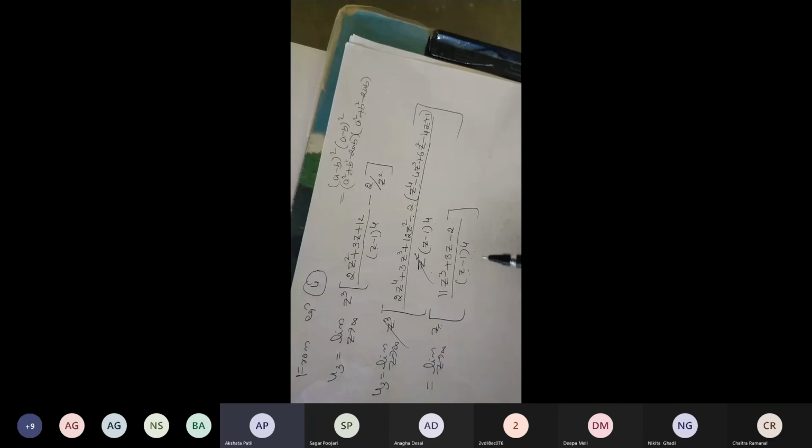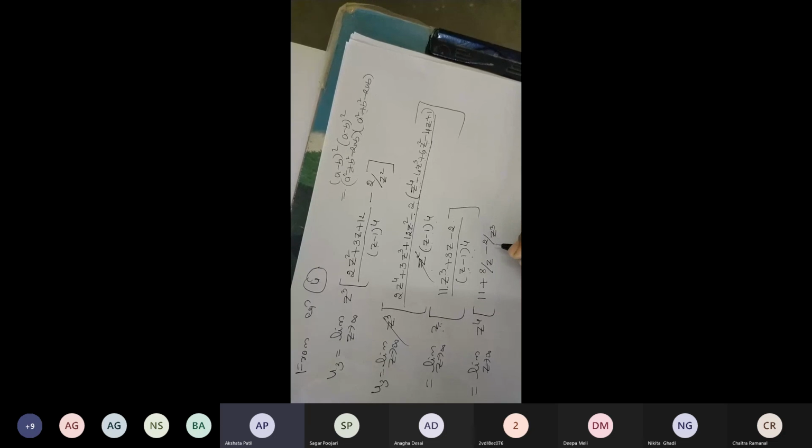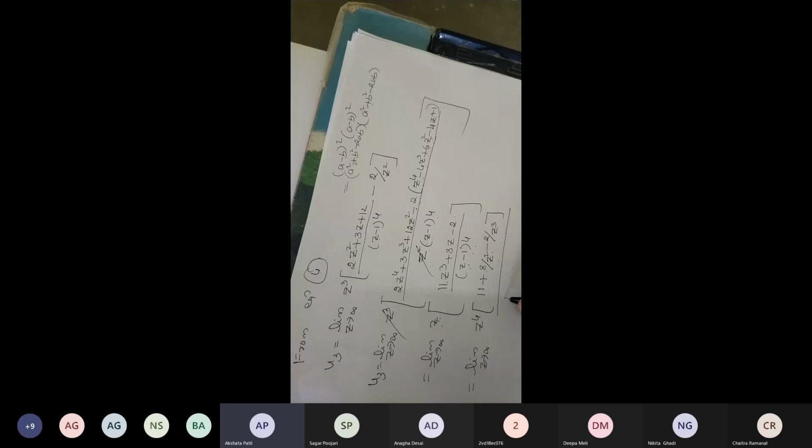What should I do? I need to find the u3 value, so we can take the highest power, z cube, outside. Z cube into this z means z raised to 4. Inside is 11 plus 8 by z square minus 2 by z cube, divided by z raised to 4, which we can take outside, 1 minus 1 by z whole raised to 4.